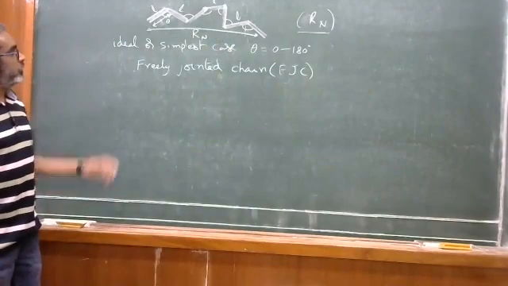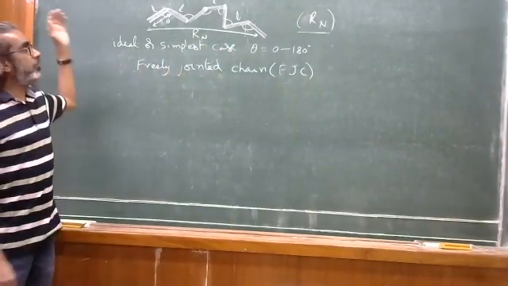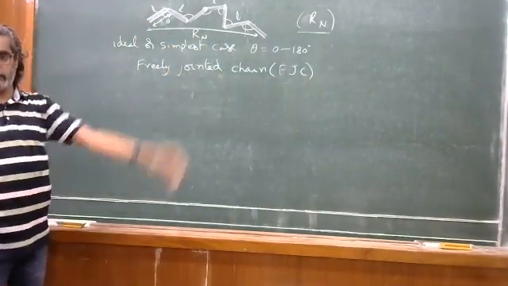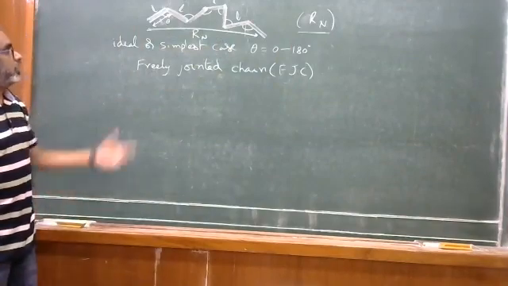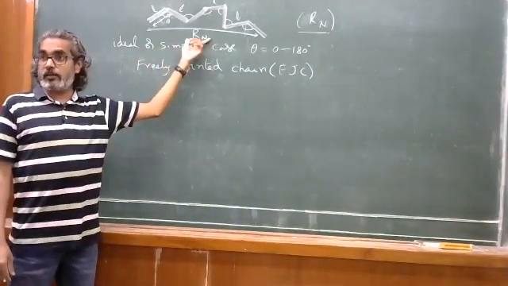Because this is random, if you have so many molecules in your solution, each one will have its own Rn.